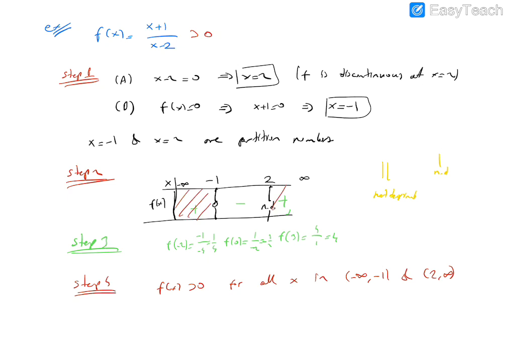Here that's positive, here that's positive. f of x is negative for all x in the interval minus 1 to 2. So you can use this procedure to make the sign chart.